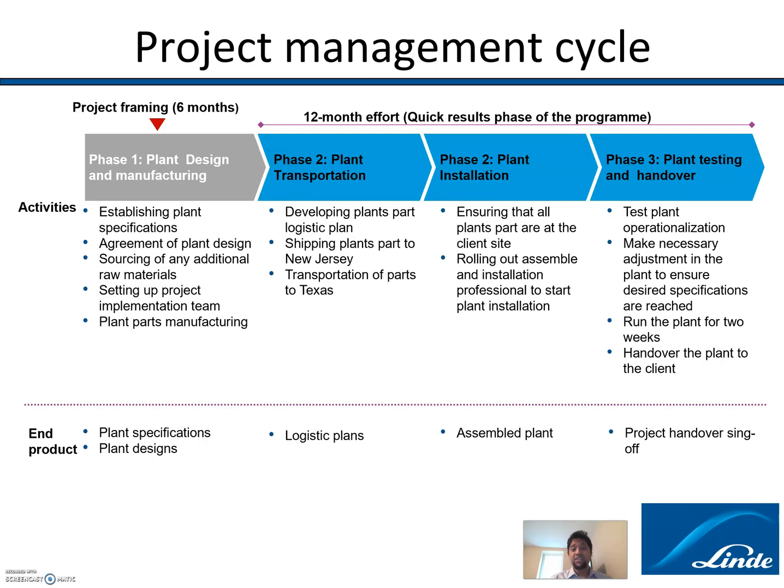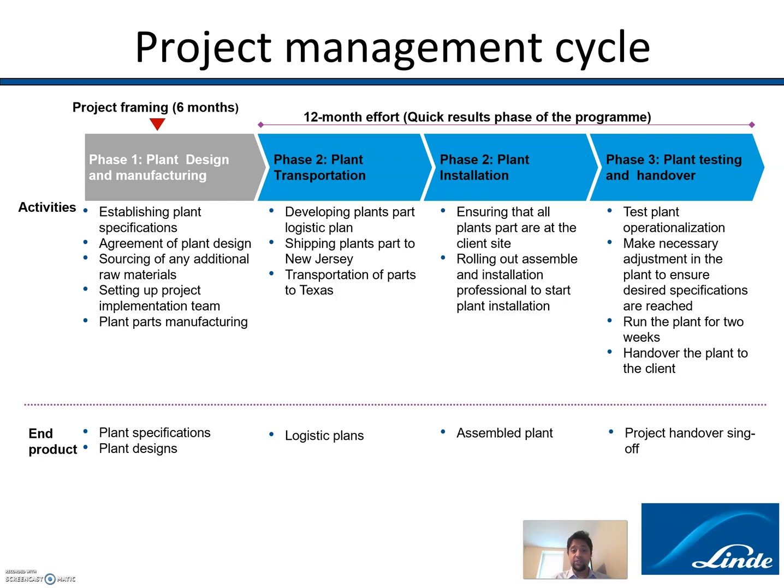The project management cycle would consist of three phases. The first phase would be plan, design, and manufacturing. That's going to be a project timeframe of 6 months for that phase, and the later phases are going to be 12 months altogether, phase 2 and phase 3. For phase 2, there are two different phases.